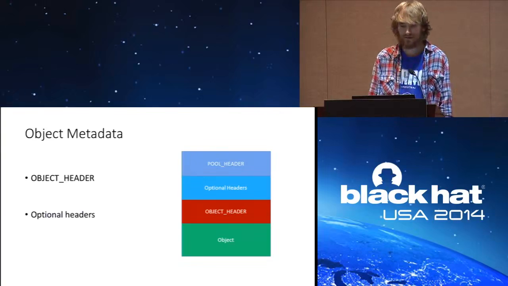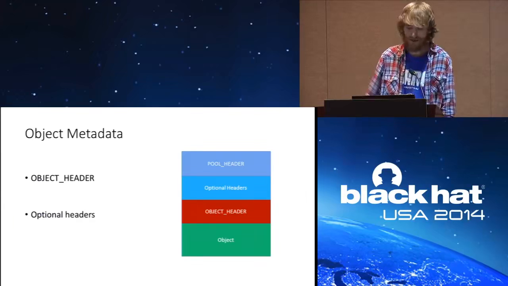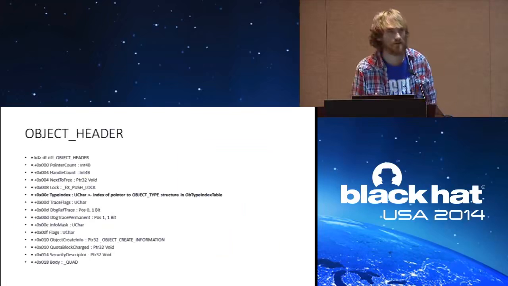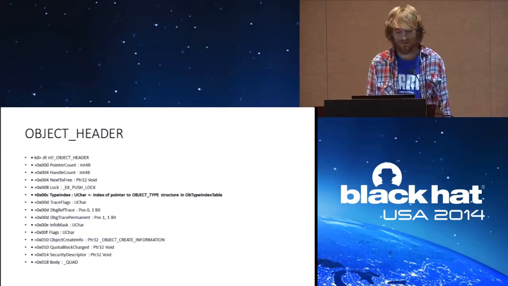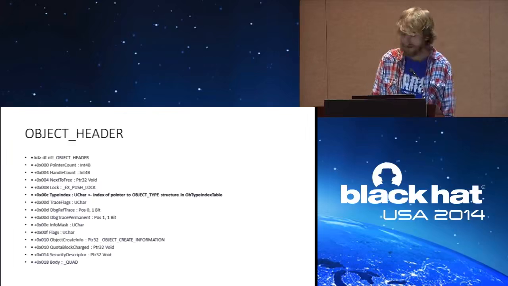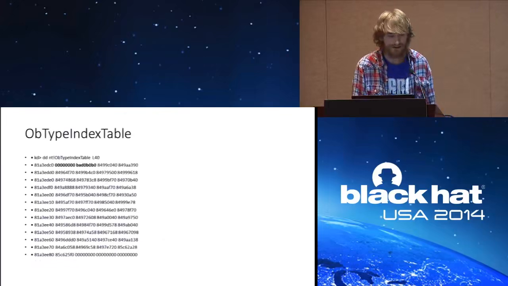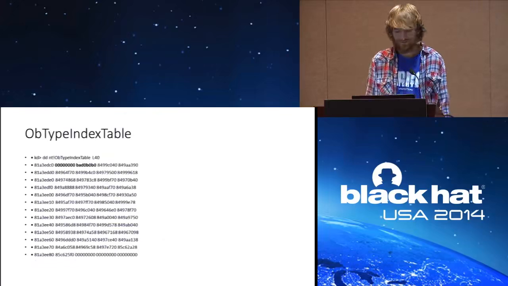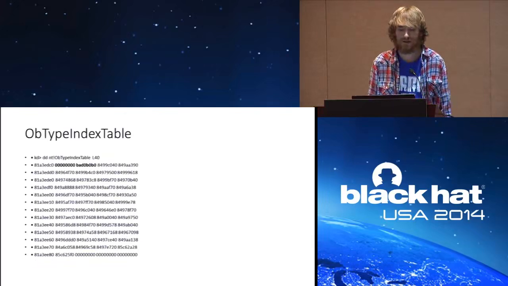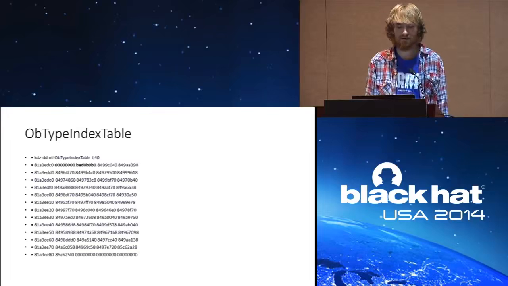After the optional headers, there's the object header, and after it the object's body. In the object header there is a very interesting field, which is the type index, basically an unsigned char or byte, and it's an index into an array of pointers. These pointers are basically object types, and they define the object type.